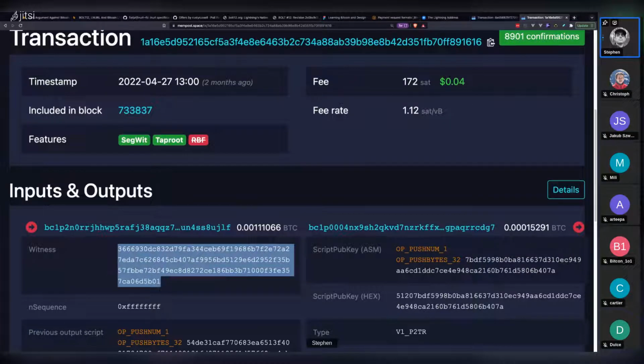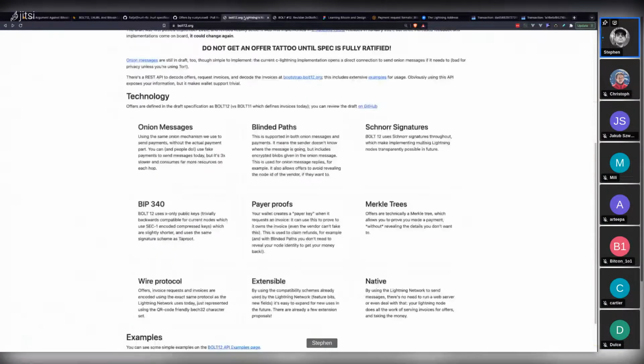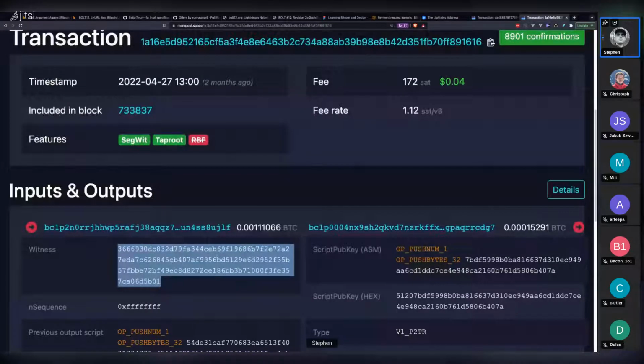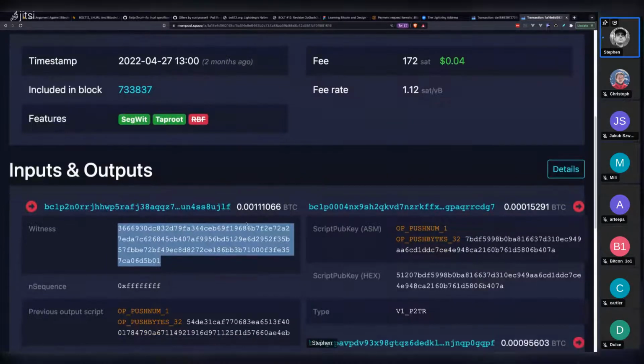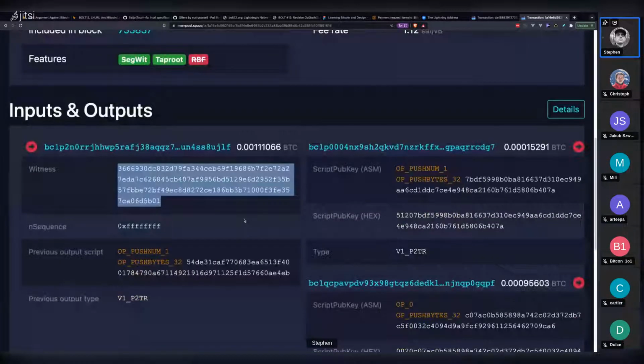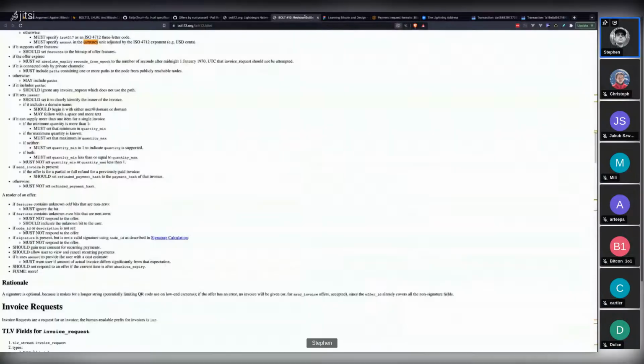It's not full privacy, but it offers an additional layer of privacy that can benefit everybody. Another general thing is you can spend really complicated transactions without revealing all of the details of all of the possible spend conditions. You can just reveal the condition that you're satisfying.